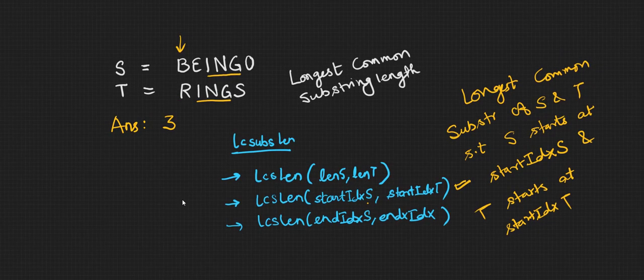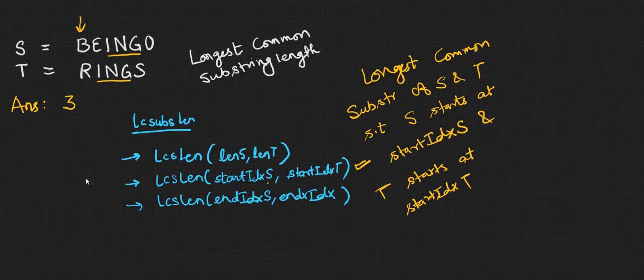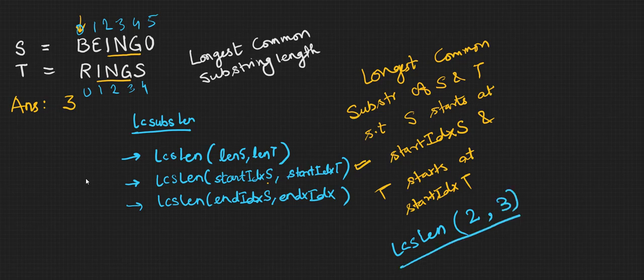If I write indices here like 0, 1, 2, 3, 4, 5, these are start indices of S. 0, 1, 2, 3, 4, these are start indices of T. So if at any moment I ask you for the LCS length where I take the start index of S as 2 and the start index of T as 3, that means in S we are considering which strings?